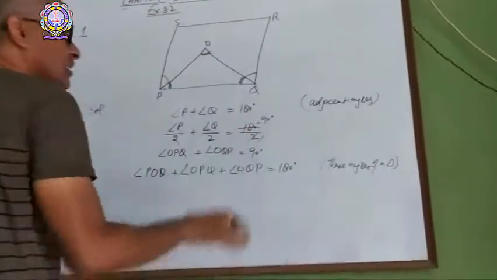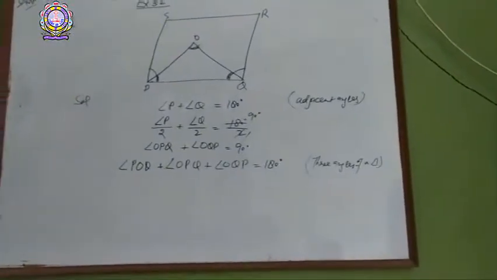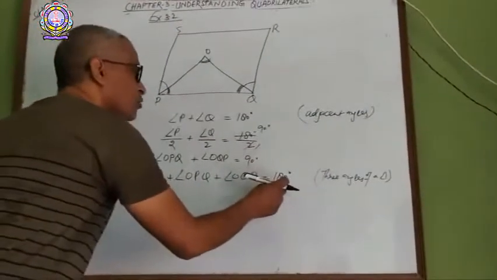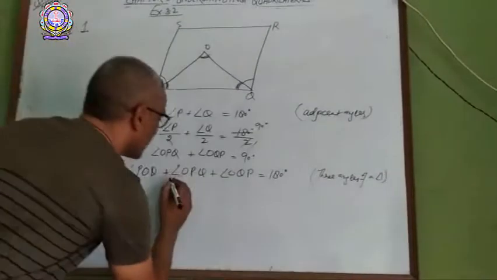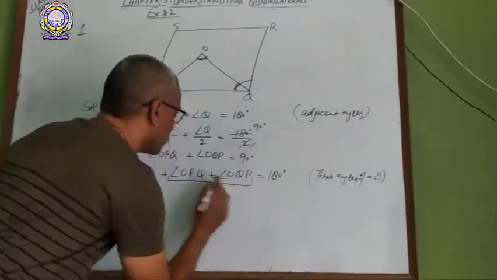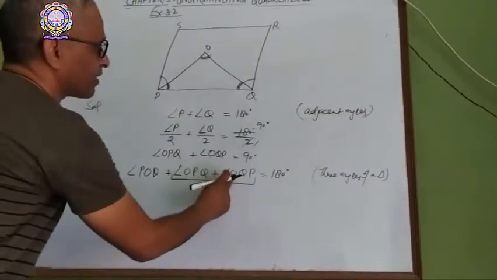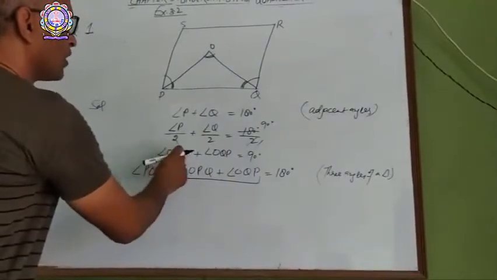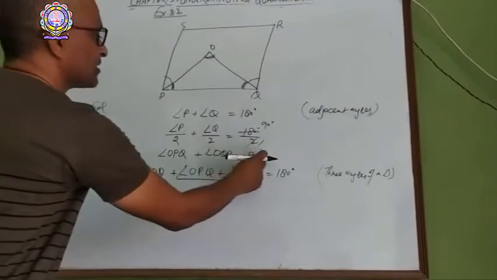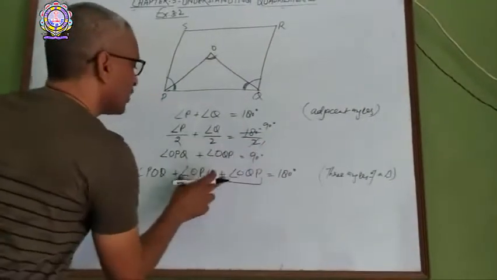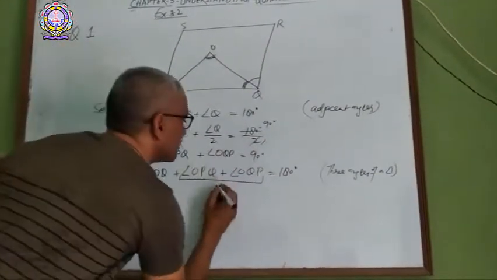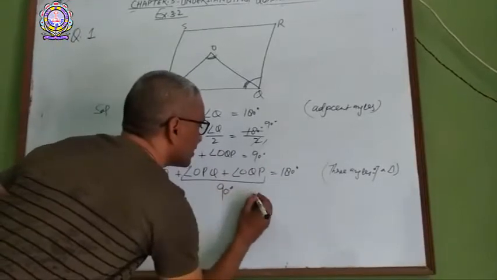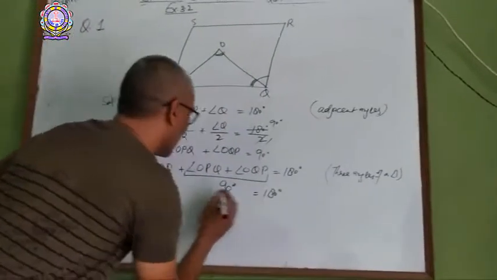Here angle OPQ plus angle OQP is equal to 90 degrees, so we can use 90 degrees here, and 90 degrees plus angle POQ is equal to 180 degrees.